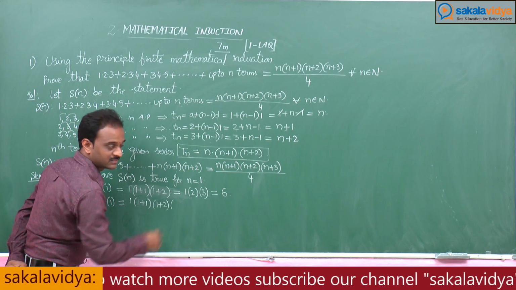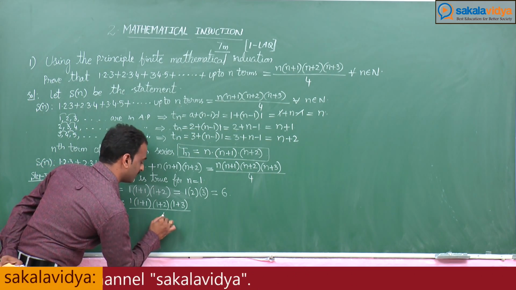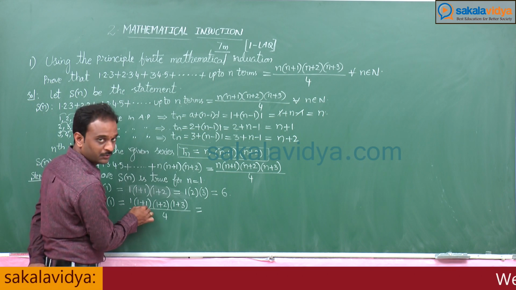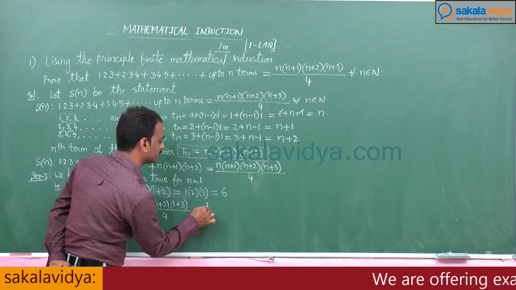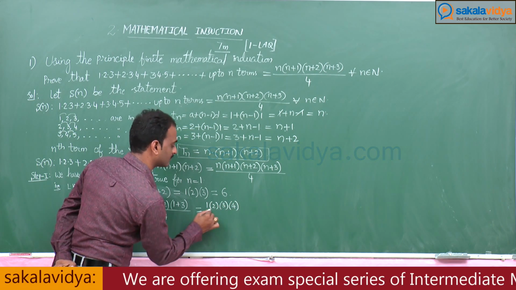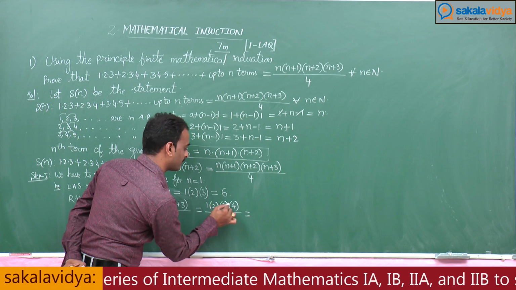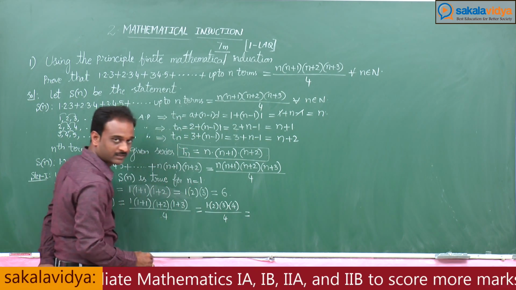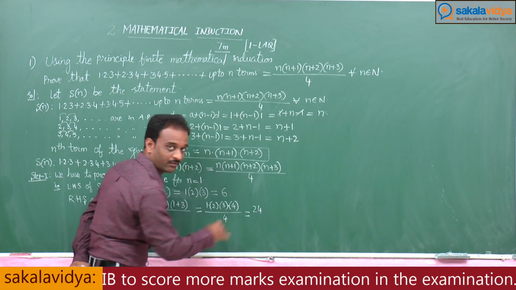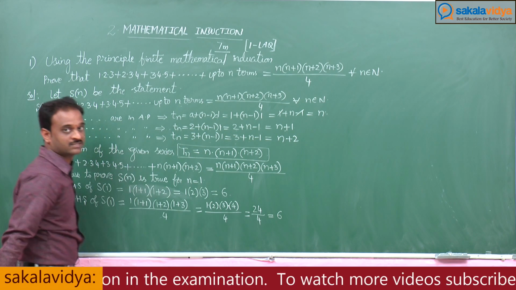Next n plus 3, 1 plus 3, by 4, which is 1 into 2 into 3 into 4, by 4. Product 24 by 4, which is equal to 6.